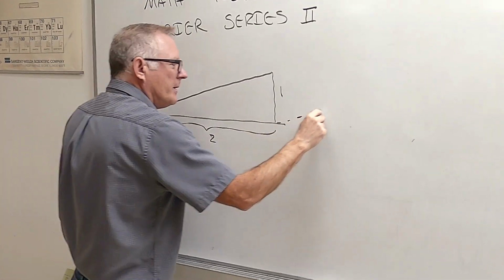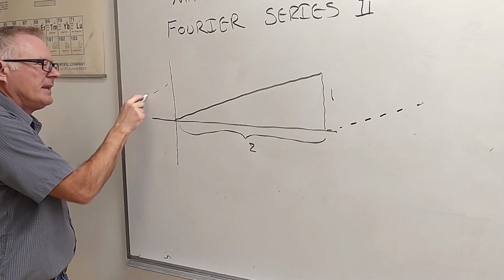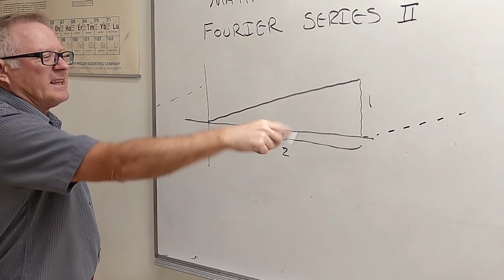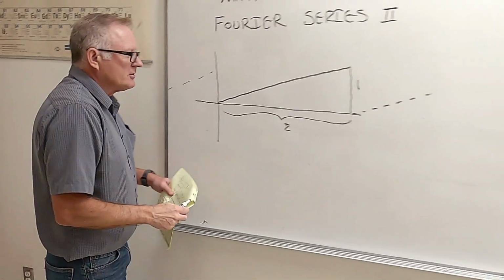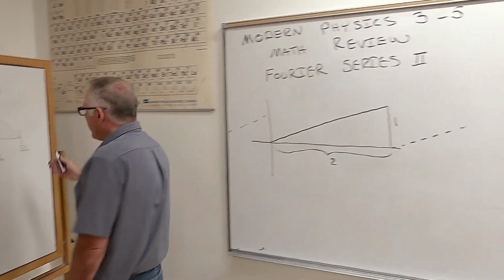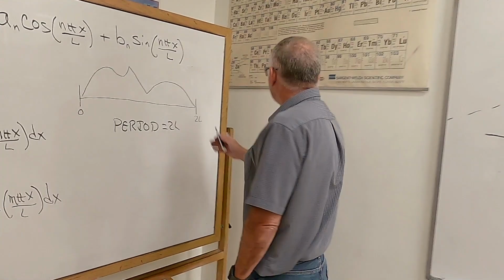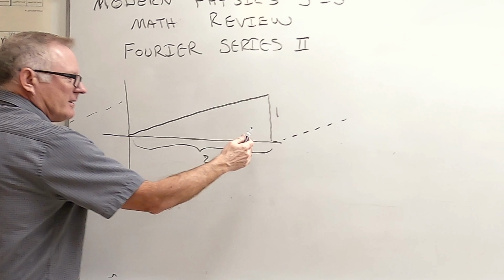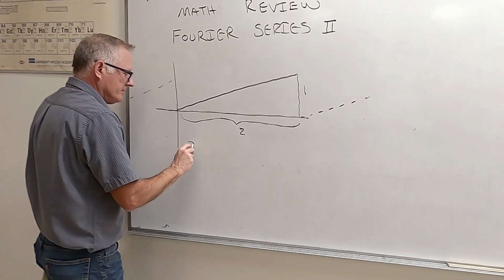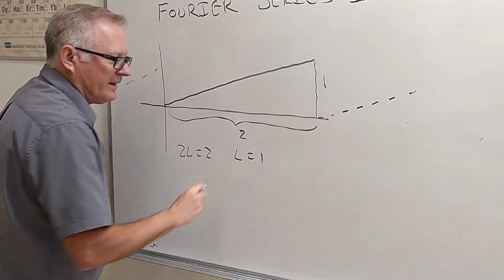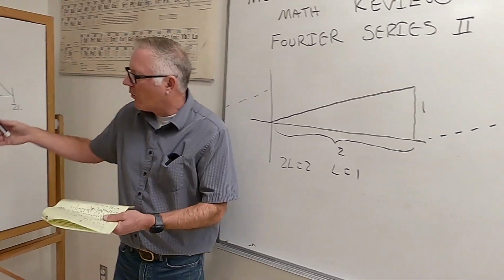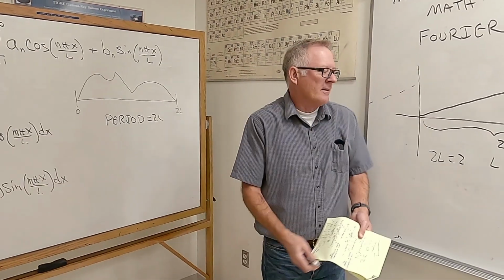Then it's going to repeat itself again, and it could have repeated itself before. We want to write this as a bunch of sines and cosines. First of all, we can see that the period is 2L. In our case, 2L is 2, or L is equal to 1. So every place you see an L, when I work it out, I'll just put in 1.